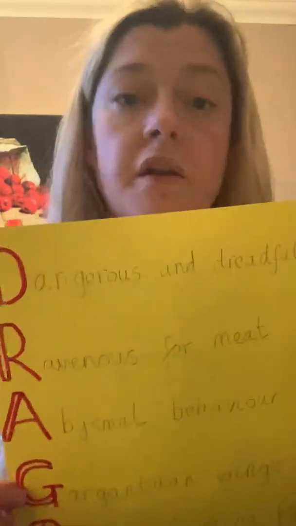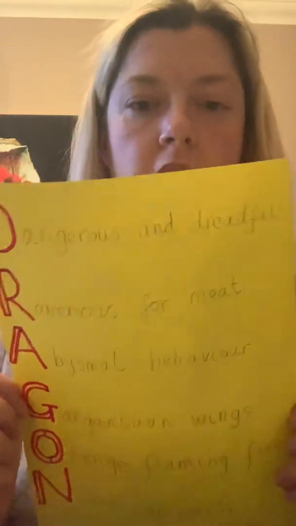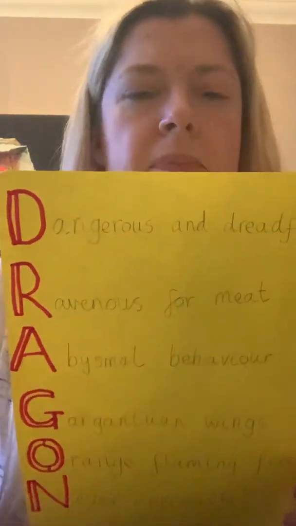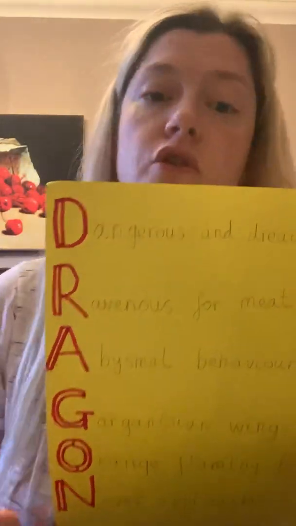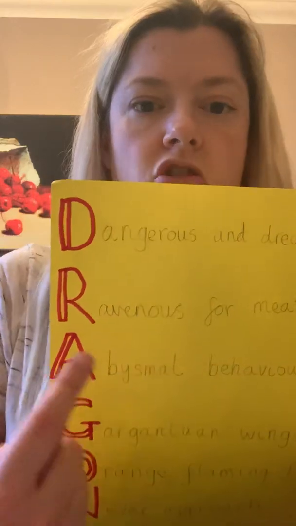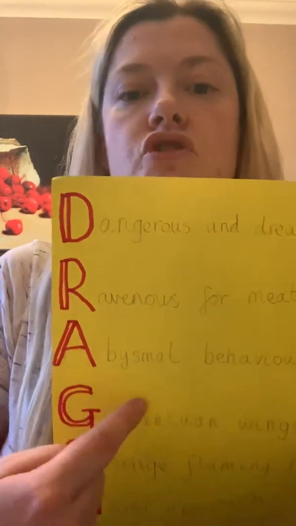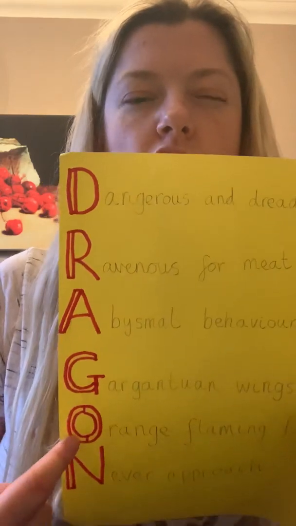If you're in year 1, I would like you to do more than one word, like I've done for each letter. However, if you're in reception and you think that's too much of a challenge, you can just write one word for each letter. So you could have just had dangerous, ravenous, abysmal, gargantuan, orange.